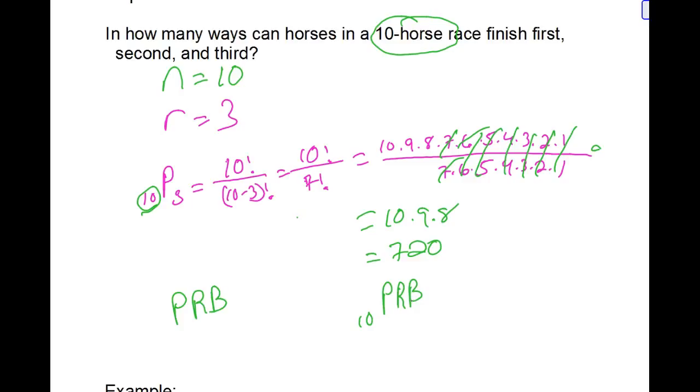You will underline the one that says nPr, okay, and then you hit enter, and then you will type in your 3 and then hit equals, and this should give you 720. If you have difficulties with that, let me know and I'll be glad to answer questions.